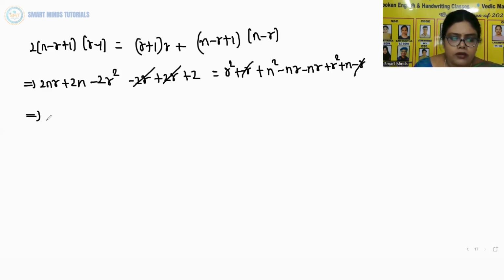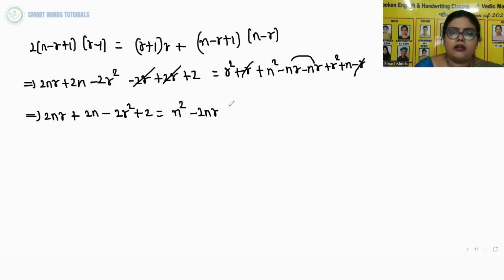Now we bring all terms to one side. So 2nr plus 2n minus 2r square plus 2 is equal to n square minus nr, that is minus 2nr. R square plus r square is 2r square minus 2. Now bring all terms to one side.